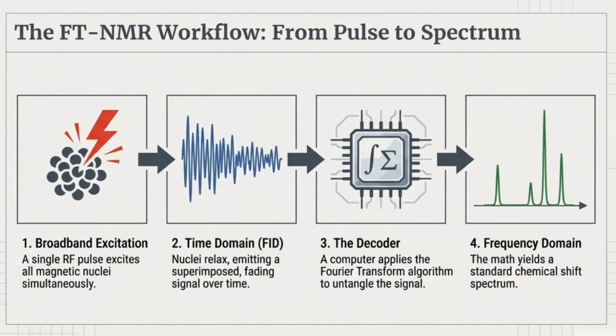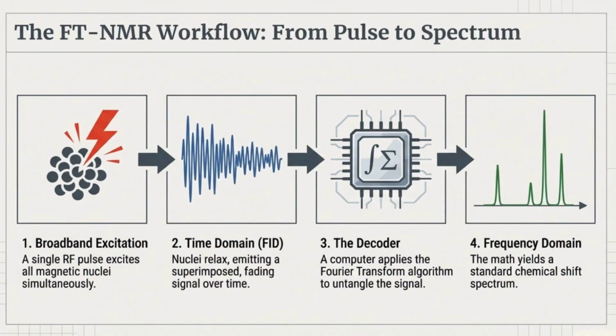This slide describes the FT-NMR workflow, from pulse to complete spectrum. In the first stage, a pulse covering various frequencies is struck on the matter, which consists of various types of protons. Then these nuclei go to the excited state.